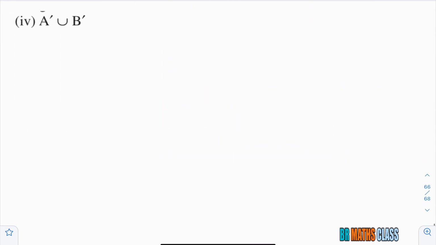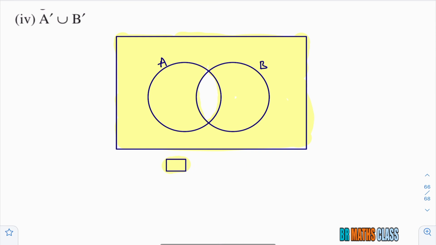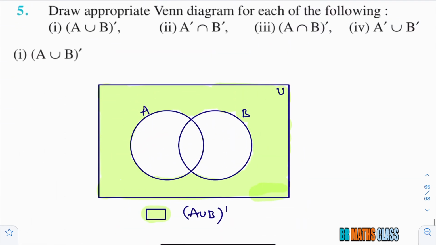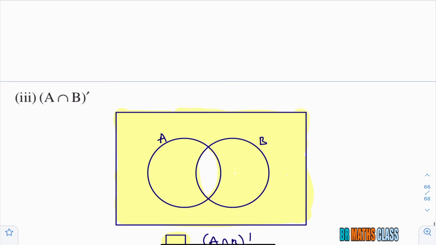So I'll copy this and paste here. We know that A intersection B whole dash is the same as A dash union B dash. With this the fifth question is completed. What they are asking in the fifth question: draw the appropriate Venn diagram for each of the following. I hope you understand this.